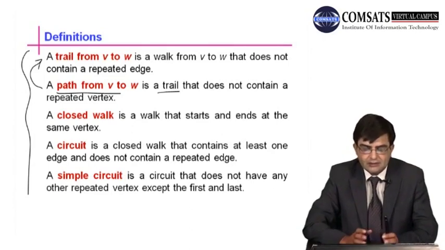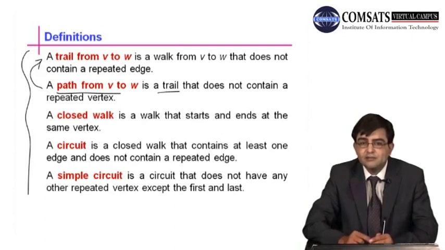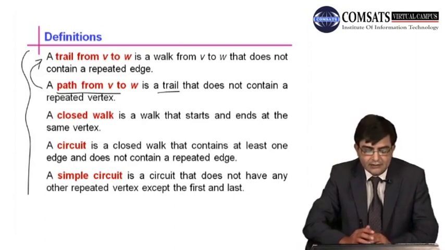This is the same condition as a trial, but in a circuit the starting and ending point must be the same, but in a trial the starting and ending point may be different. So a circuit is a closed walk that contains at least one edge. This is another condition, and a circuit should not contain a repeated edge.